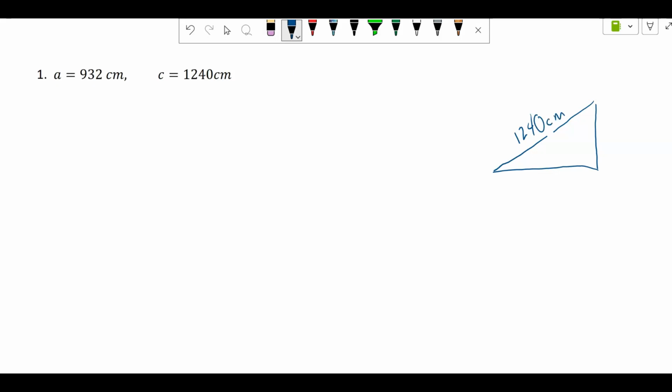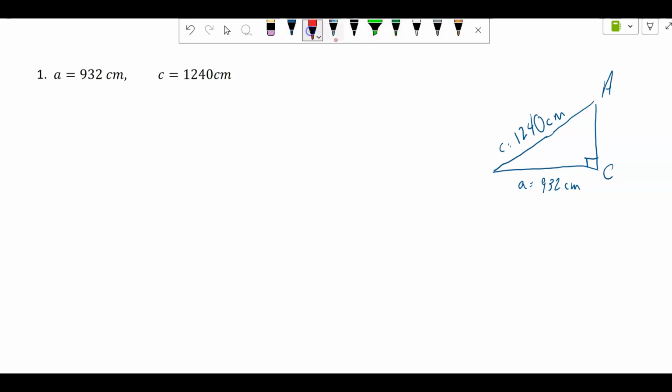There's my right angle, and that makes this angle C. And I'm going to say that a is 932 centimeters, which means this is angle A.